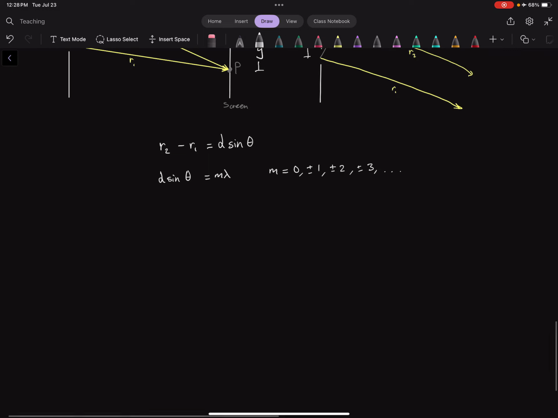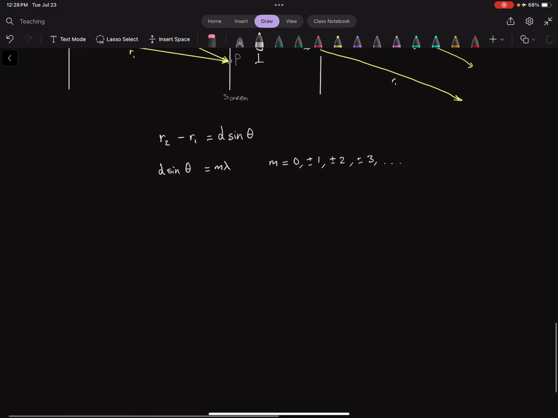And similarly, total destructive interference occurs at half integer multiples. So this would be constructive, and total destructive is given by m plus a half. d sine theta is equal to m plus a half, right?